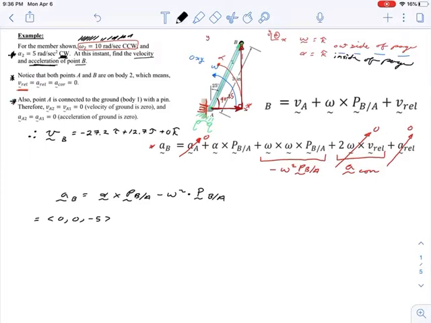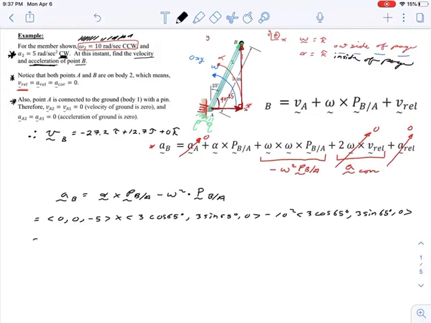So I'm getting that from up here, and that's going to be crossed with the position vector, which is positive 3 inches times the direction: 3 cosine 65, 3 sine 65, and 0, minus w, which is 10 squared, multiplied by the position 3 cosine 65, 3 sine 65, and 0.